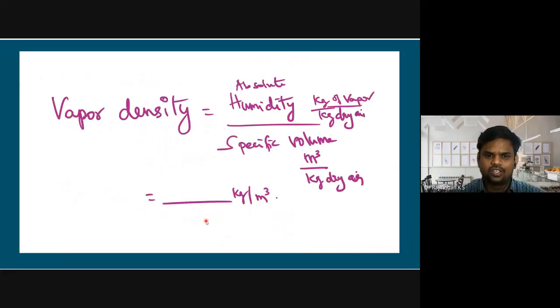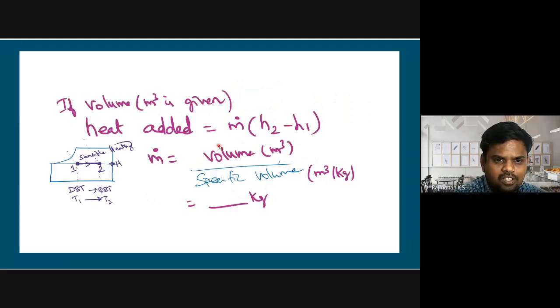We can determine the vapor pressure. Okay. And to determine the mass density, if you know the absolute humidity, it can be taken from the chart, and we can get the specific volume also from the chart, and we can determine the vapor density. Similarly, to get the heat added, we need the mass flow rate. If the initial volume is given in meter cube, and we get specific volume in meter cube per kg from the chart, we are able to get the mass flow rate.